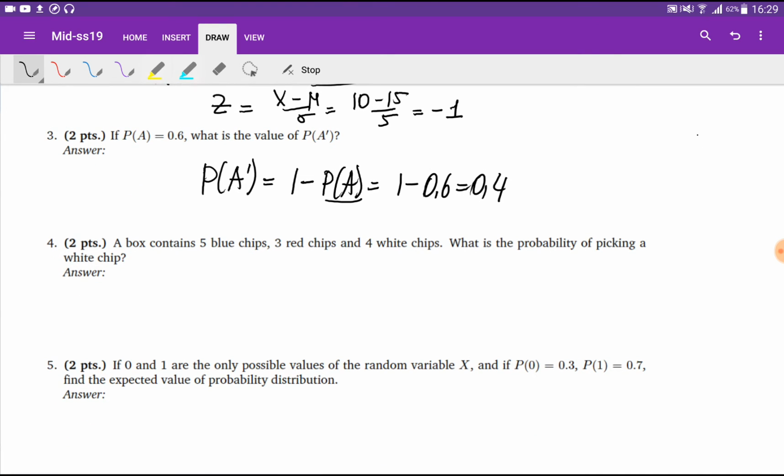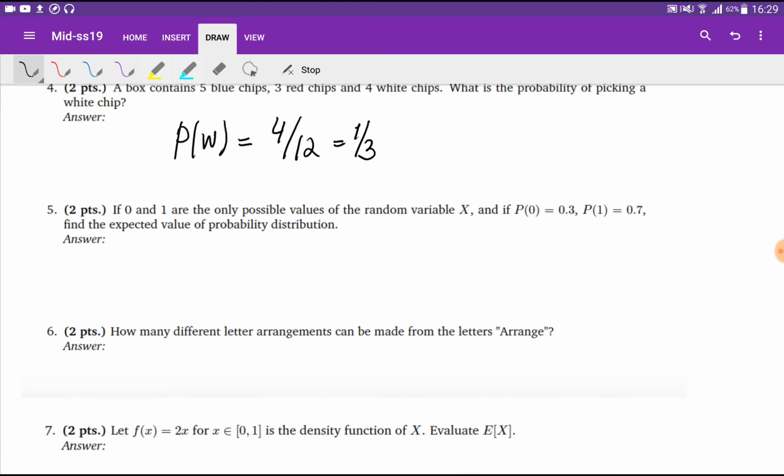Problem number 4 is about calculating the simple probabilities. We're given a box with 12 chips, and we need to evaluate the probability of choosing the white chip. So this is equal to the number of the white chips divided by the total number of the chips, which will be 1 over 3.